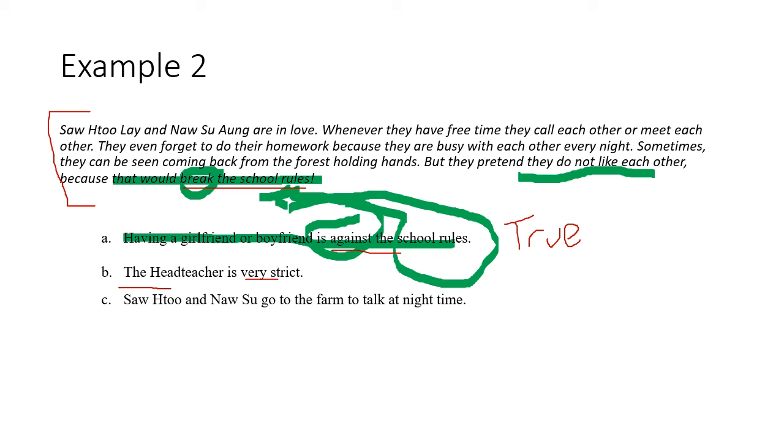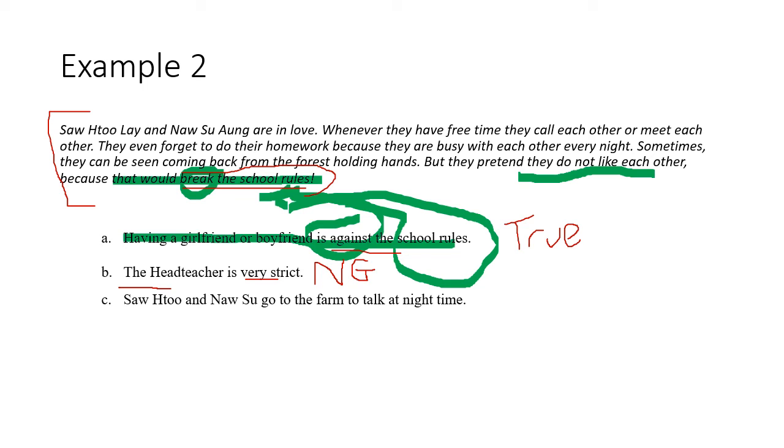That might be your opinion, that the head teacher is very strict because the rule is not to have a boyfriend or girlfriend. But the passage does not say that the teacher is strict or not. It's only your own idea. And we must use the passage when we answer the questions. So answer B is not given.